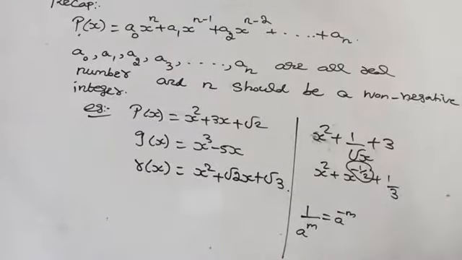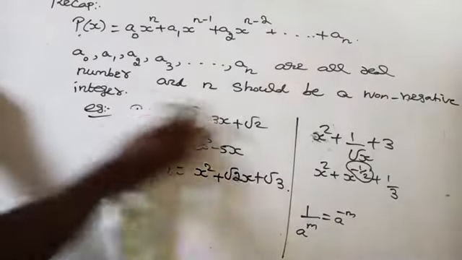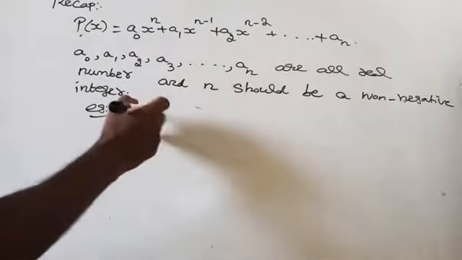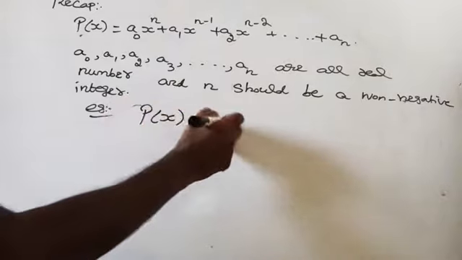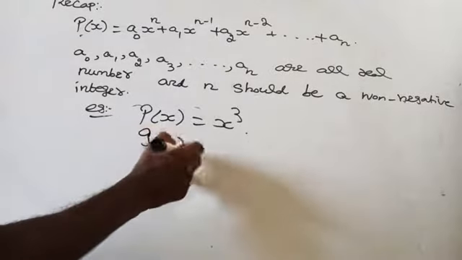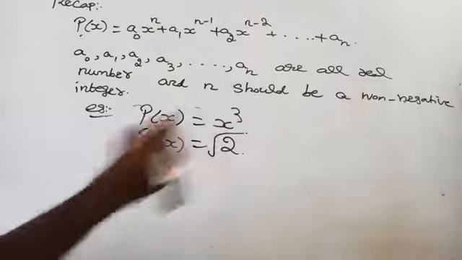Okay dear. A term is either a variable or only a number. For example, p of x is equal to x cube contains only one variable. Otherwise g of x is equal to any constant, root 2.